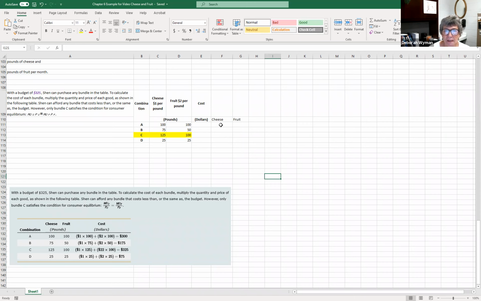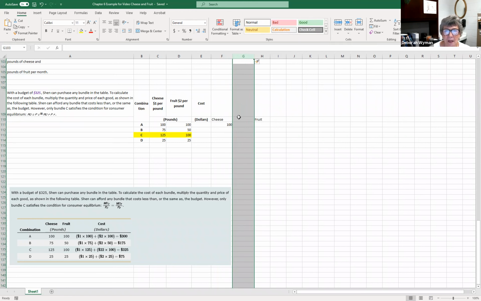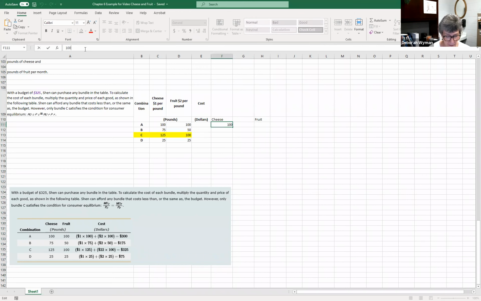So cheese is 100. Let's insert a column. So this is going to be cheese times 1, right? Equals 100.